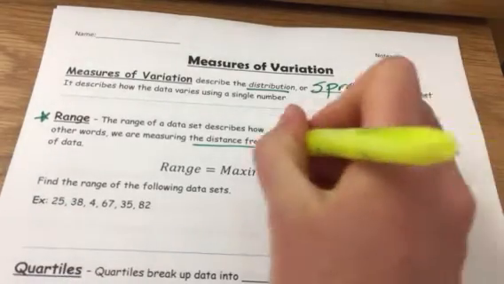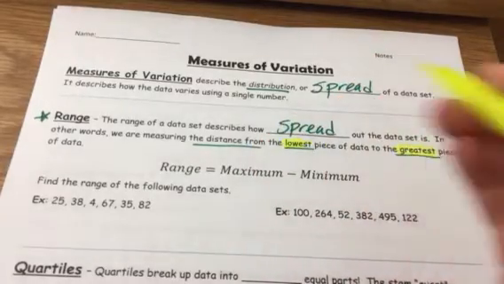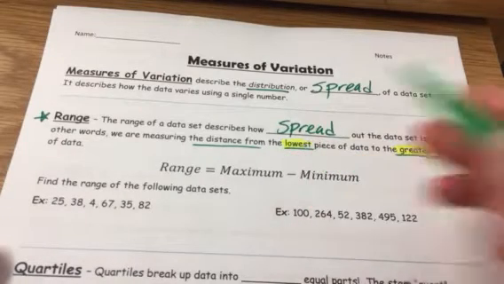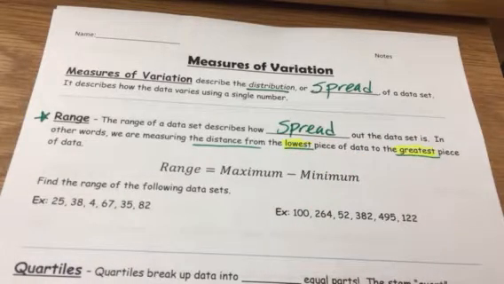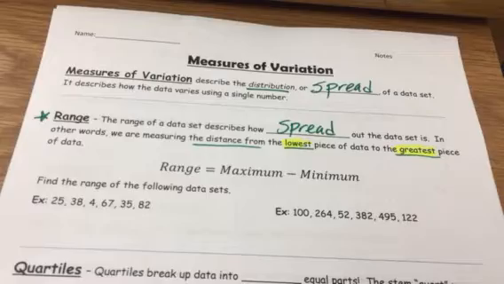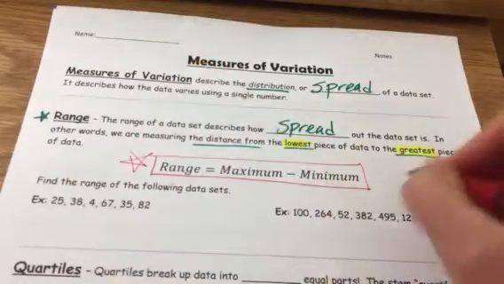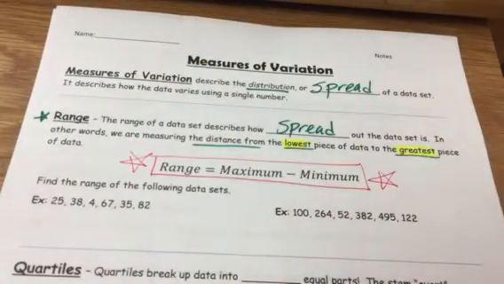So we're finding the distance between that smallest point and the biggest point. We're going to use subtraction, because when we find the distance between any two things mathematically, we are subtracting. So this is a very simple equation to compute the range: we take our biggest point, the maximum, and we subtract the minimum away from it.